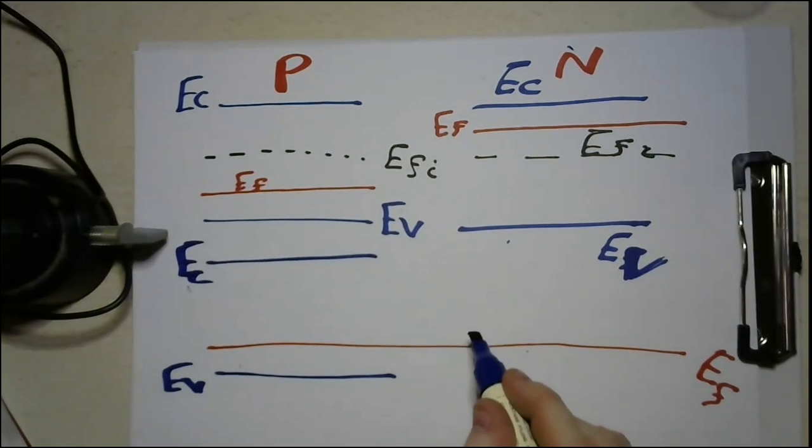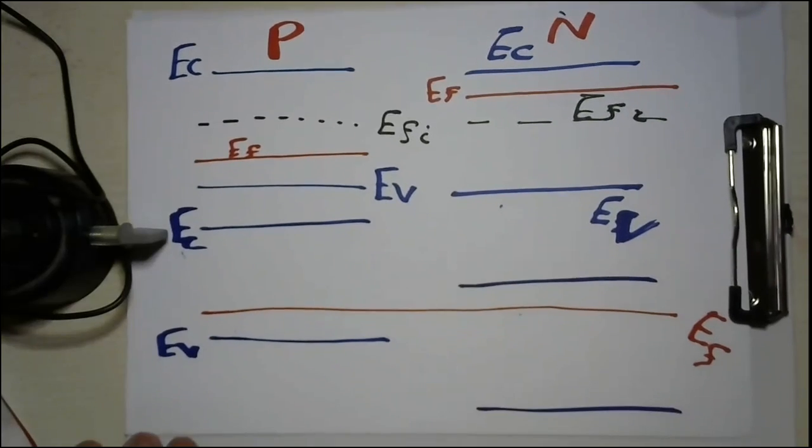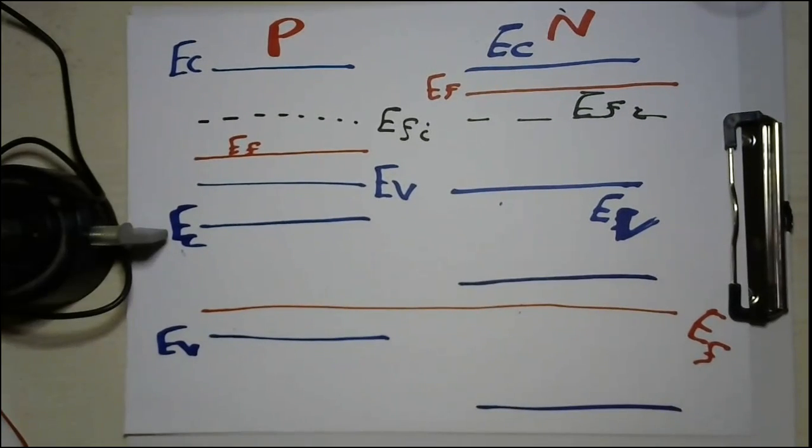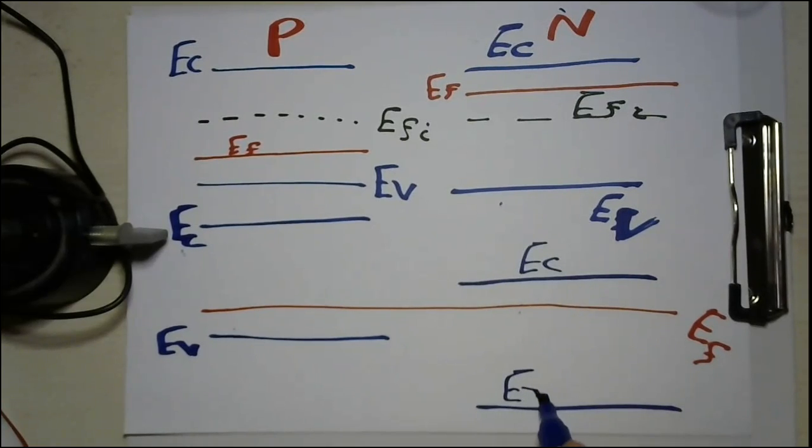On the other hand, you will make it like that. Sorry, I have to make it slightly up. Okay, so this is EC, and this is EV, and now this is an n-type material.